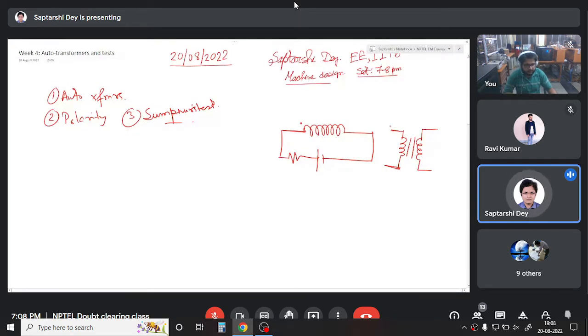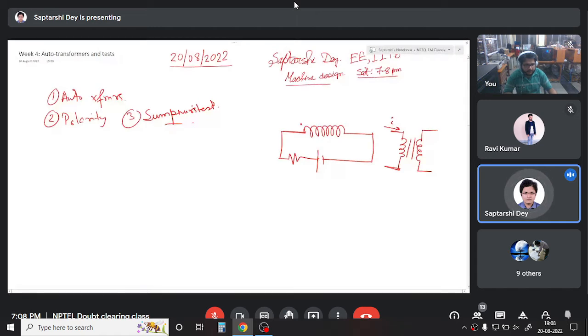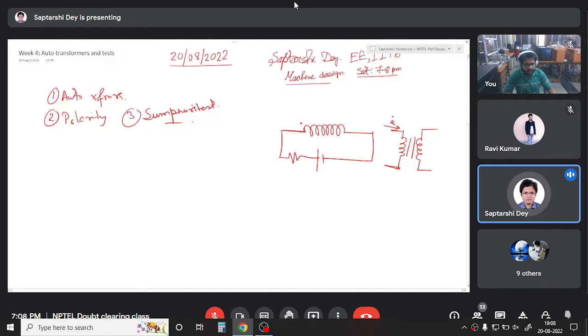Suppose I have a current flowing through this winding, and this current is an increasing current, say a ramp of current flowing like this. Then in this terminal, what will be the polarity? Will it be like this or will it be like this? That depends on how the windings are arranged on the core.